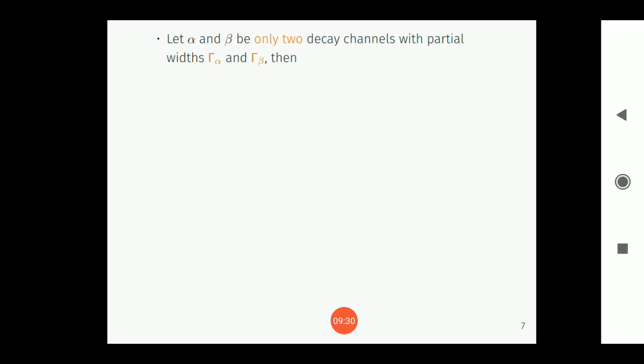Let alpha and beta be the only two decay channels with partial widths gamma alpha and gamma beta. Okay, then the formation of compound nucleus and its decay can be written like this. So compound nucleus can be formed through the alpha channel.